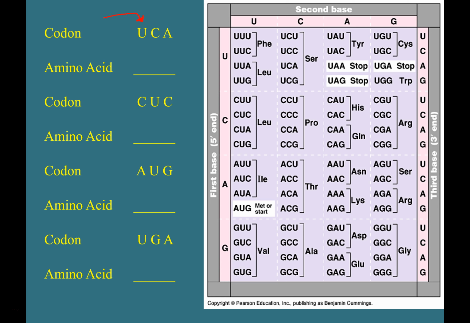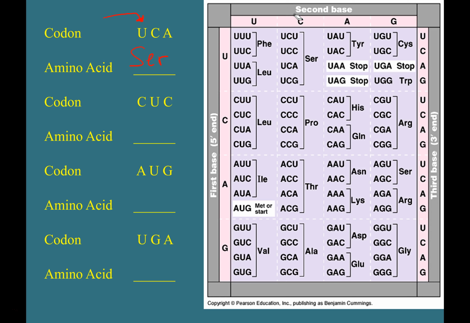So I look for a U, a C, and an A. And I love this chart here. UCA starts with the U right there, then your second base is the C, and then the A falls in. It's right there. So once you find that codon, you know it codes for the amino acid SER, or serine.